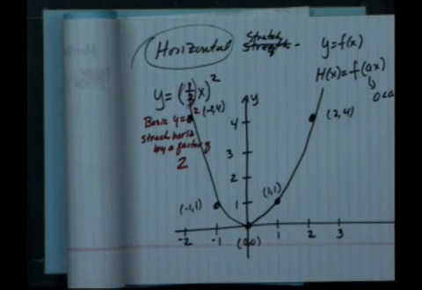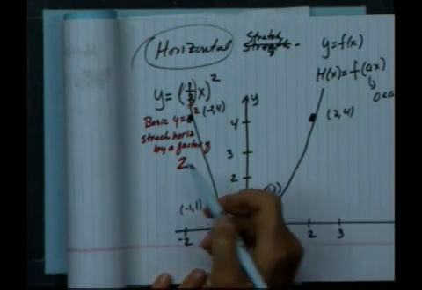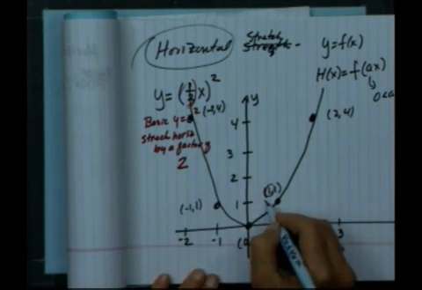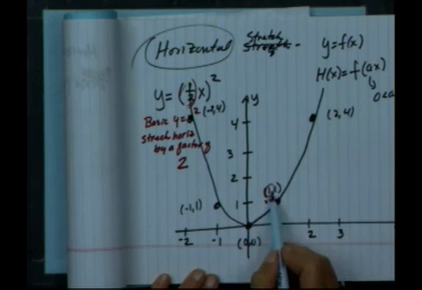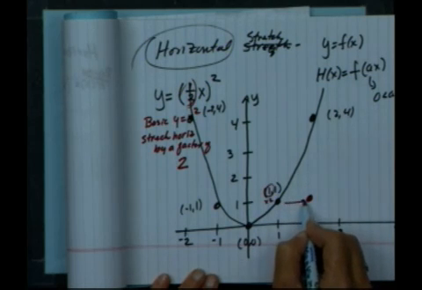Remember you're only affecting the x values. So we're going to take the x values and multiply by a factor of 2. Leave your y alone. So now we're going to have 2, 1. Do you see how I've pulled this over?